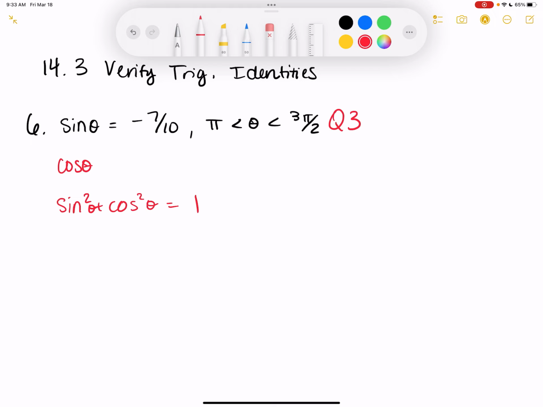I'm going to plug in negative 7 over 10 and square it, plus cosine squared of theta is equal to 1. Cosine squared of theta is equal to 1 minus 7 over 10 squared.